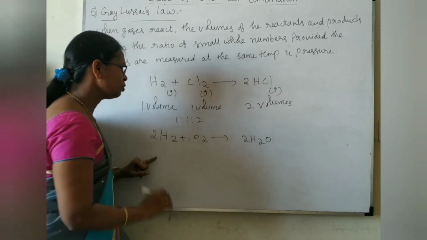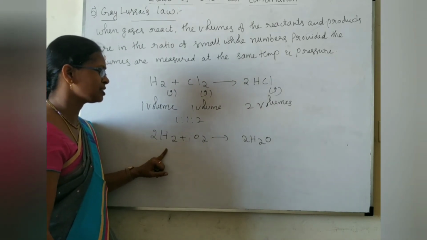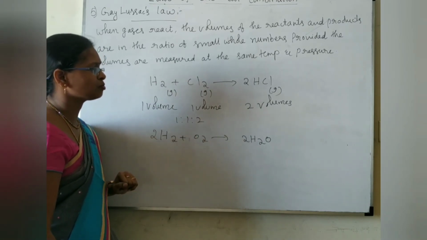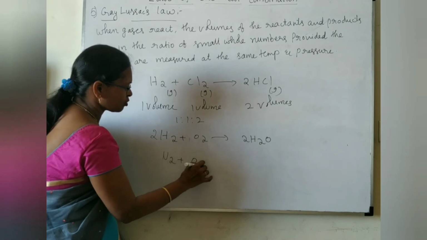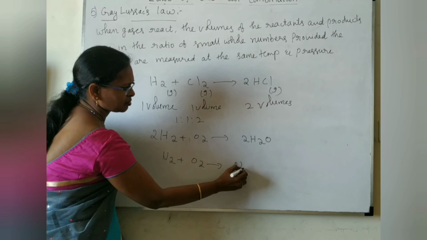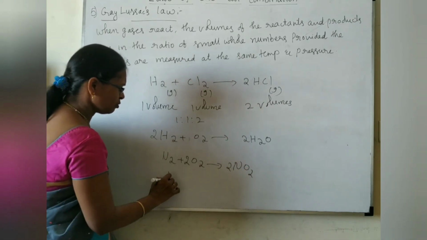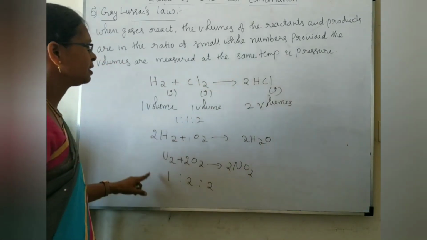So 2 volumes of hydrogen, 1 volume of oxygen, giving 2 volumes of water. Even nitrogen, you take nitrogen plus oxygen gives nitrogen oxide, N2 plus O2. So here also, taking 1:2:2, a simple numerical ratio.